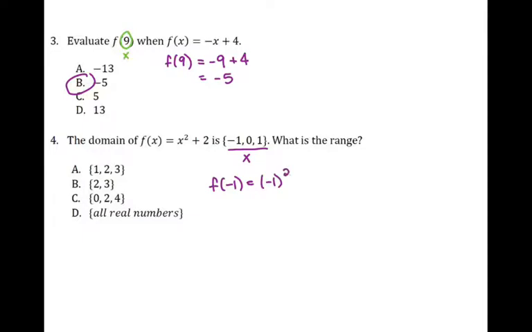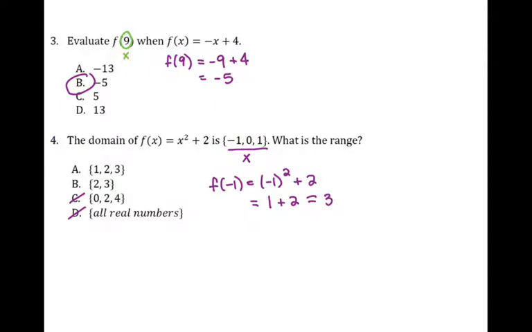That's negative 1 squared plus 2. Well, negative 1 squared is negative 1 times negative 1, which is a positive 1, plus 2, which is 3. So one value of my range is 3, so I can go ahead and eliminate C and D already.